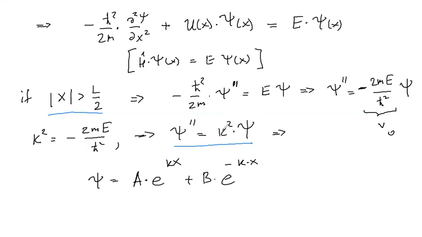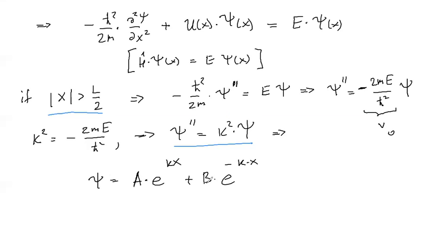So this is interesting. My wave function outside of the square well potential is non-zero. It's a function of x. I don't know what k is because I don't know what the energy is. I don't know parameters a and b. But I can say that outside, my wave function is a linear combination of these two.